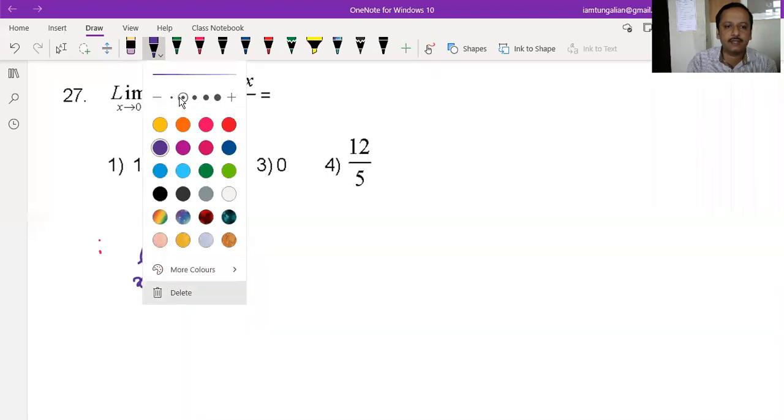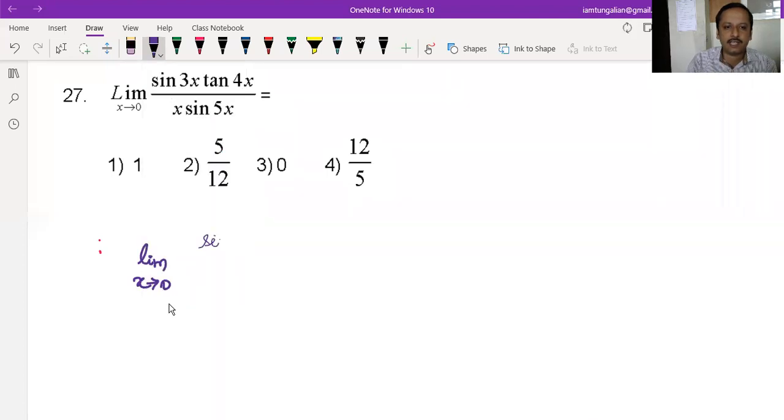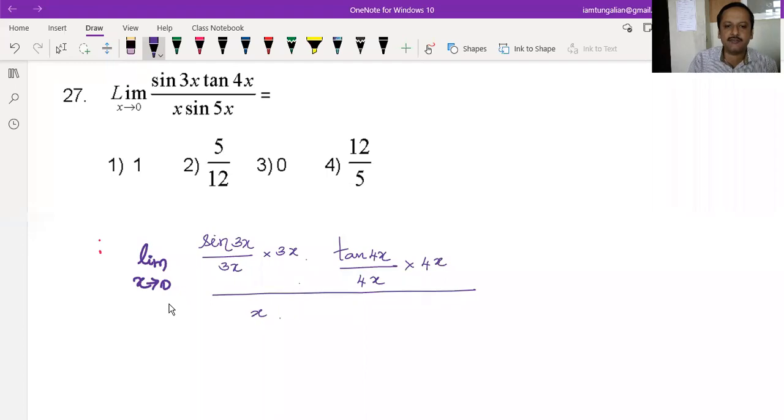I will write it like this: sine 3x divided by 3x into 3x, into tan 4x. There I will divide by 4x and then to compensate, I'll multiply by 4x, whole divided by x. Keep that x as it is. Sine 5x is there. When you have sine 5x in the numerator, you would prefer 5x in the denominator. So multiply and divide by 5x.